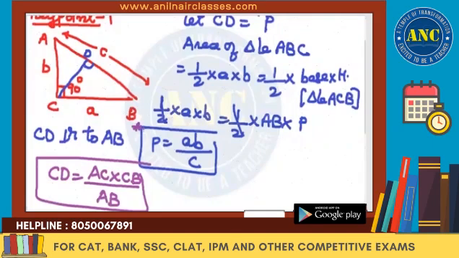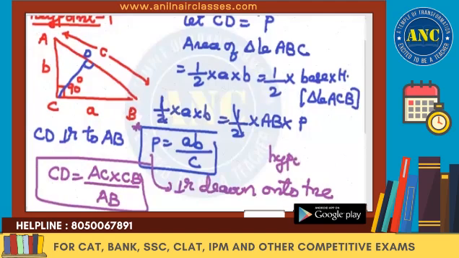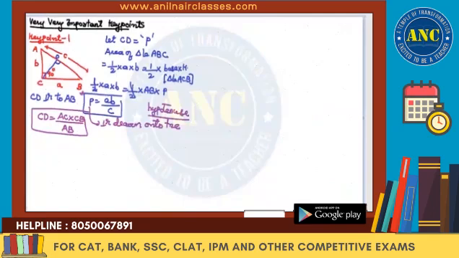P is nothing but the perpendicular drawn onto the hypotenuse. If I draw a perpendicular onto the hypotenuse, I get that value as P, which is ab by c.